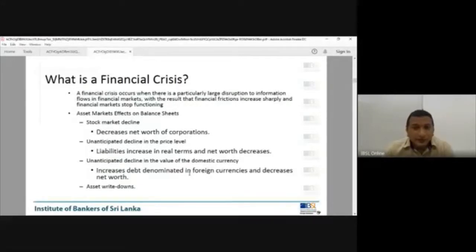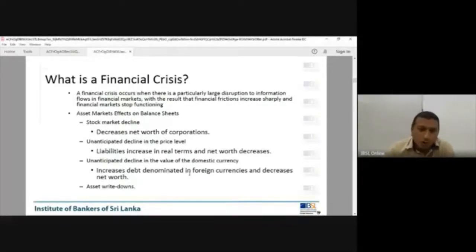Okay, so then you see with this, the so-called financial frictions expand, and then of course markets even come to a standstill, like stop functioning. And you have experienced there are blackouts in financial markets simply because of this type of circumstances. So that element is very important to remember.